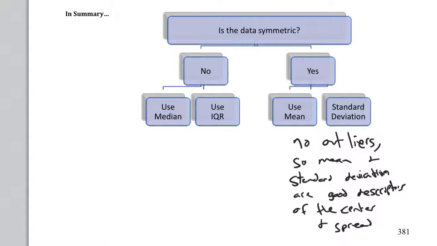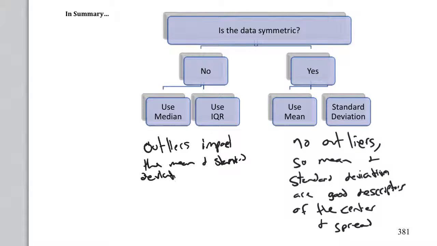We do this because outliers impact the mean and standard deviation, but not the median and IQR. So median and IQR become a better descriptor of the typical value or center of the data and the spread of the data.